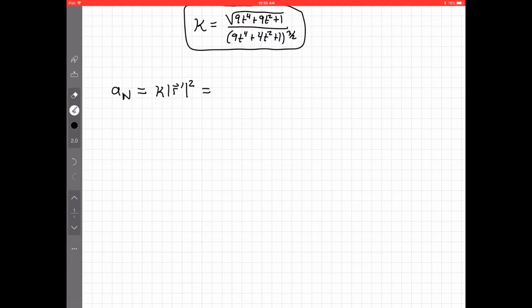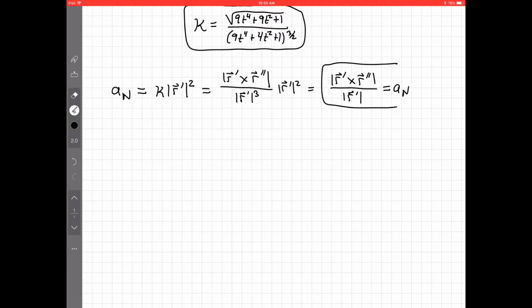Well, we now know that kappa is the length of the cross product of the first two derivatives divided by the length of r prime cubed. So just 2 copies of r prime cancel off, and we're left with this rather nice clean formula for the normal component of acceleration.